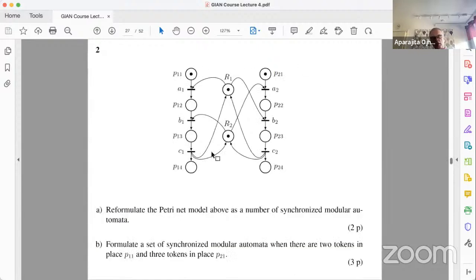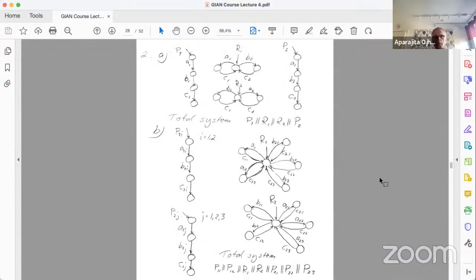But I would say that probably this is still more readable. But with this modular description, it's absolutely possible to understand the behavior by looking at the individual models here too.